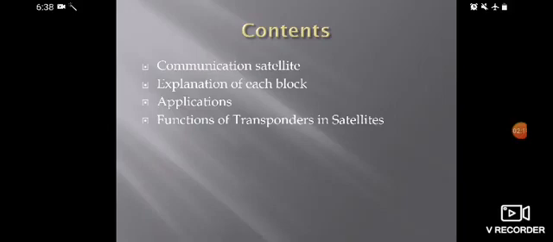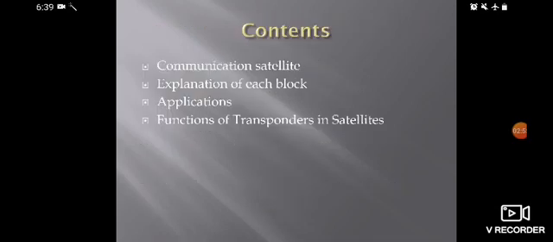Based on purpose, they are divided into communication satellites and observatory satellites. Based on area of working, they are classified into DOMSAT and Intelsat. DOMSAT is used for domestic purposes, and Intelsat is used for international telecommunication. Like this, we have the classifications of satellites.